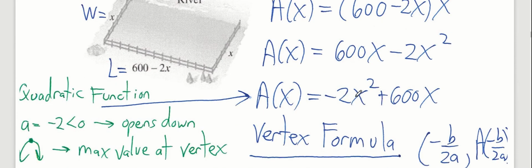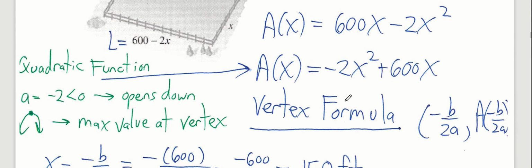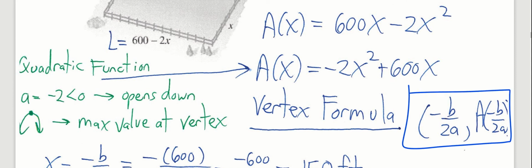You will get some kind of quadratic that, based upon your a value, will either open up or down. And then when you're asked to find either the max or the minimum, once again, that's going to come down to using the vertex formula. It's negative b over 2a is the x value of the vertex, and then the y value, which is the given min or max, is found by taking the x value and plugging it into the function.